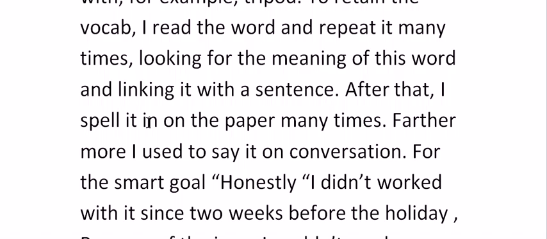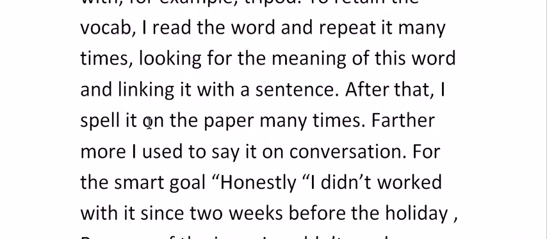on the paper. I'm sure that if this student had checked her own work carefully, she would have noticed this "in" and "on" next to it, and she knows that's not possible. Is it on paper or in paper? No, it's on paper. On the paper, many times.